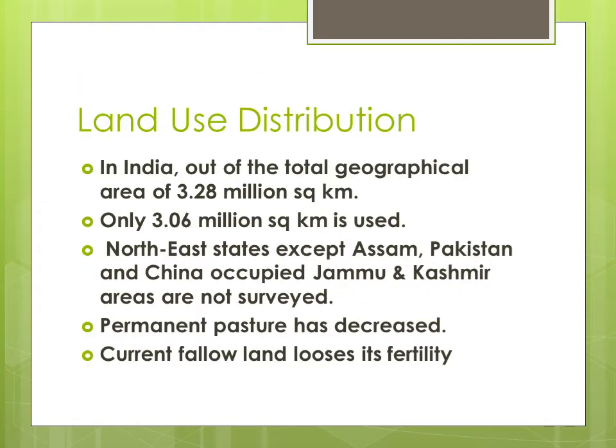Okay. Land use distribution in India: the total geographical area is 3.28 million square kilometers, but only 3.06 million square kilometers is used. What about the remaining part? This remaining part includes the northeast states of India except Assam, that is Arunachal Pradesh, Mizoram, Nagaland, Meghalaya, Tripura.